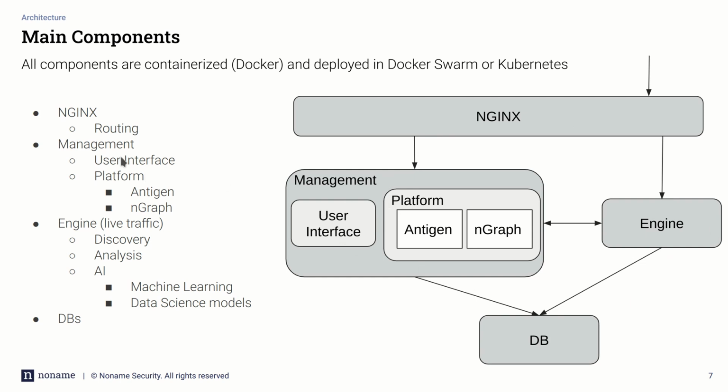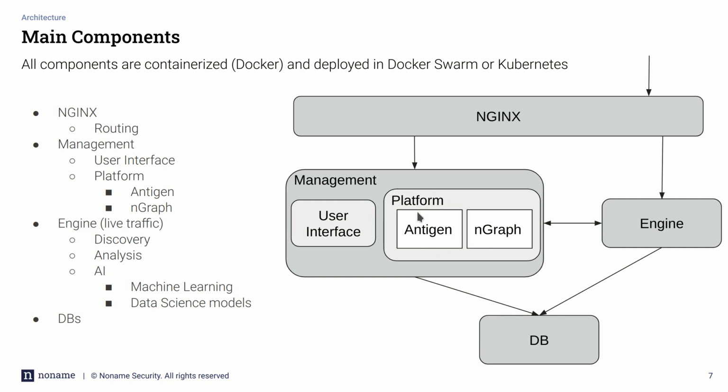Okay. Now, there is a set of components that are referred to as management. These include the user interface, and they are there pretty much to manage the no-name platform in general. One of the components of management is called platform, and it contains subcomponents.